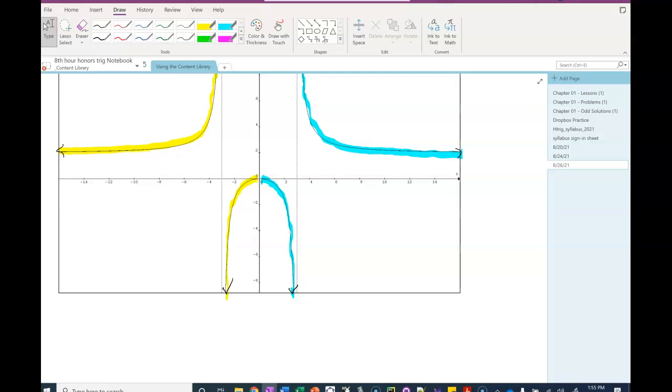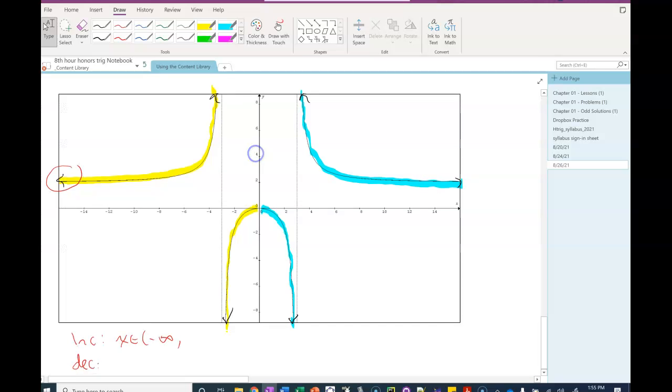Okay, so let's write our intervals of increasing and decreasing. We start here at this left arrow, so we'll start with negative infinity. And we end at the asymptote, which appears to be about negative 3. We then pick up at the asymptote, which is negative 3, and we stop increasing when we get to 0. Everybody good there?